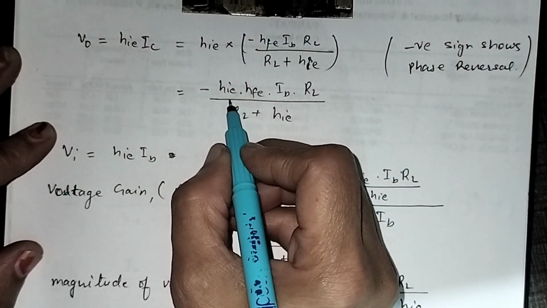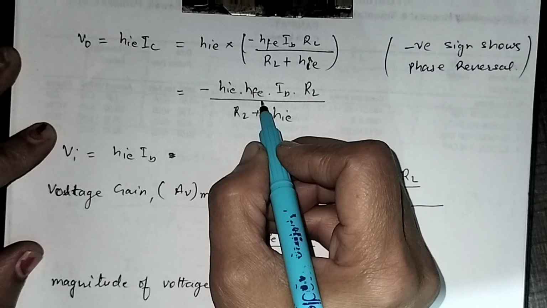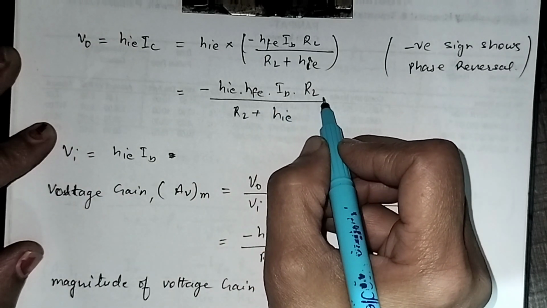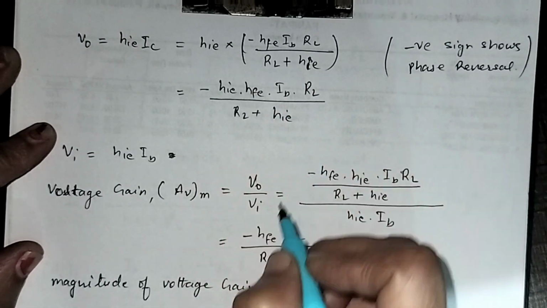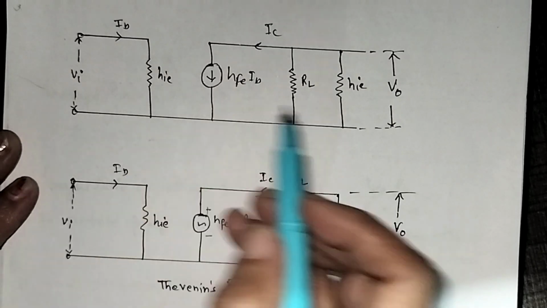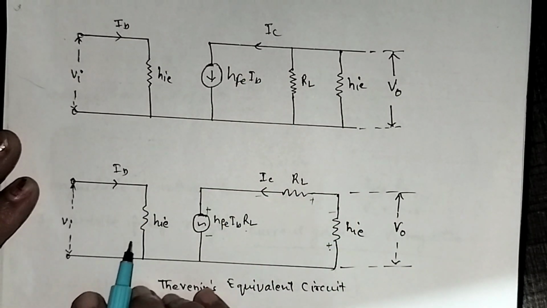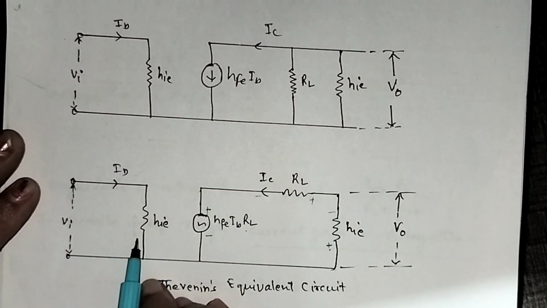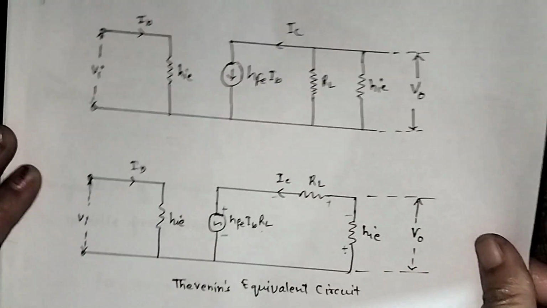It is minus hie into hfe into IB into RL upon RL plus hie. Now we'll find out the expression for the input voltage. The current is flowing through this hie, so the input voltage will be IB into hie.